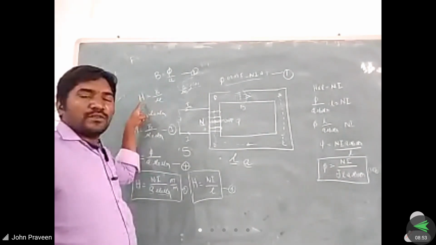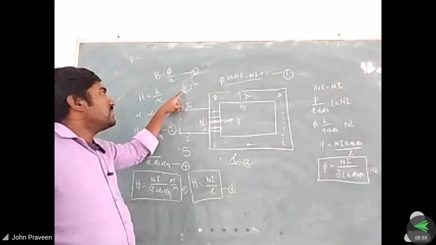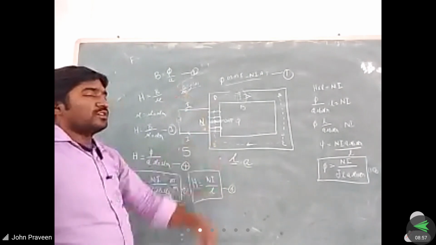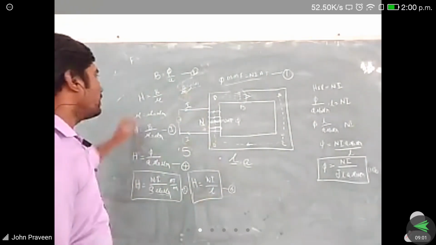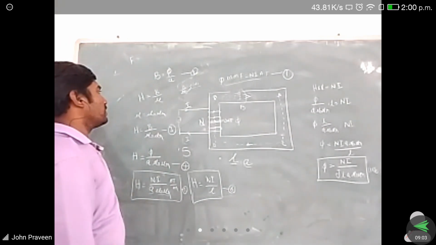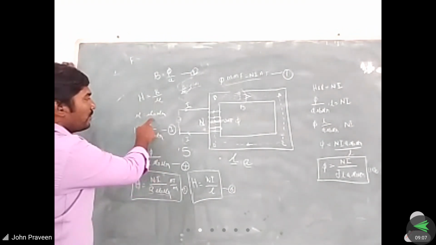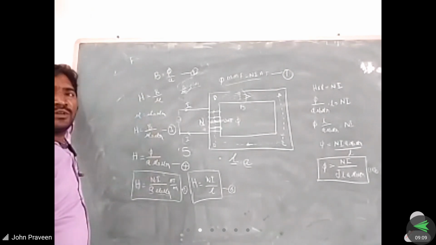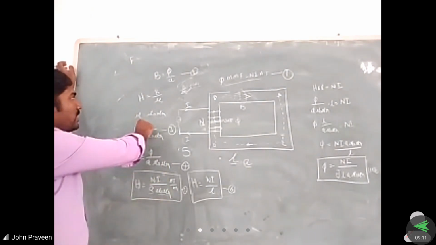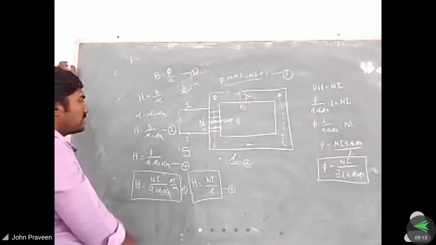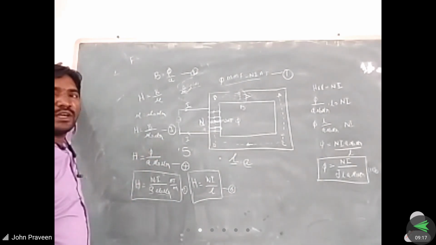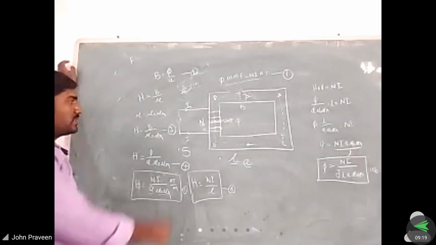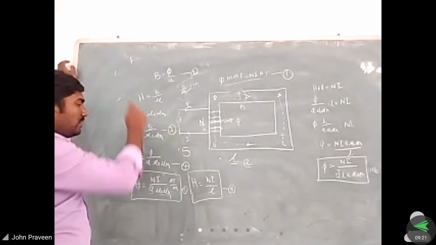Because of that reason, we select this equation that comes from B is equal to mu into H. From that relationship, we can determine H is equal to B by mu. We already know that mu is mu naught into mu r. So substituting the mu value in the above equation, we get H is equal to B by mu naught into mu r. This we assume as equation 3.